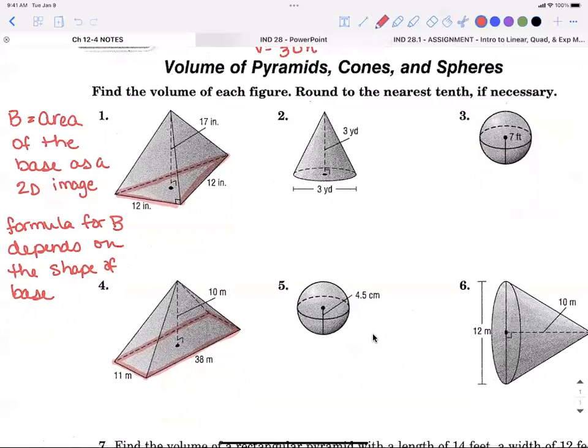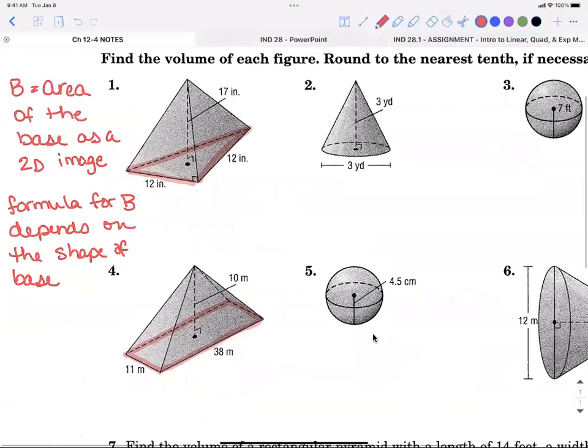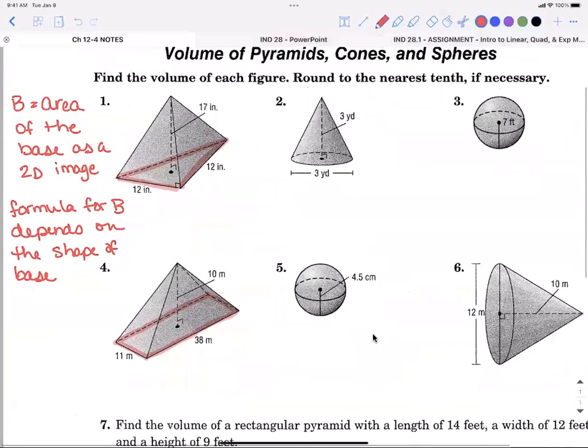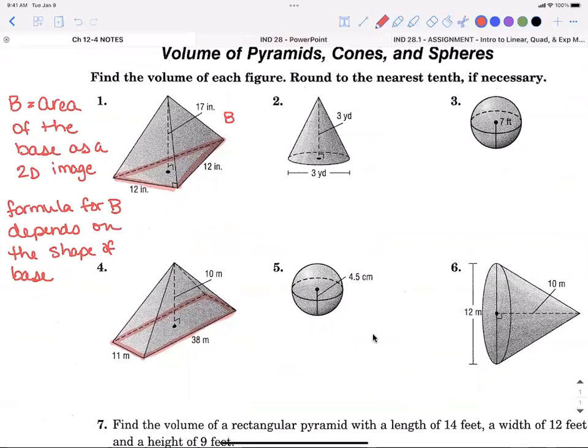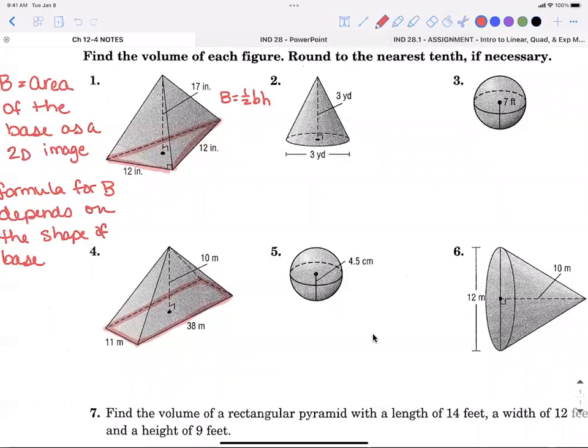Like we reviewed on our jump start, if it is a triangle at the base, like number 1, then the capital B is going to be 1/2 base times height, because that's the area of a flat 2D triangle. For number 4, it's a parallelogram, so that capital B is going to be base times height. So in order to plug in what capital B is, you've got to determine which base shape it is, and then use the area of that shape.